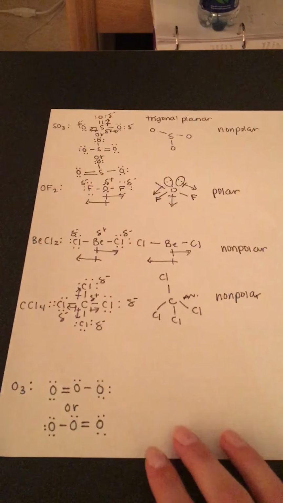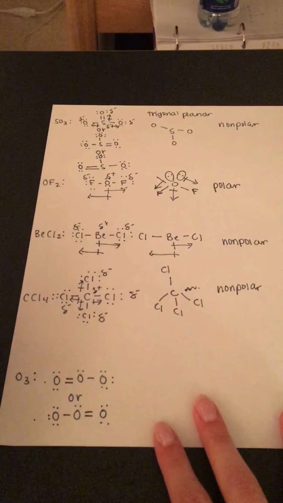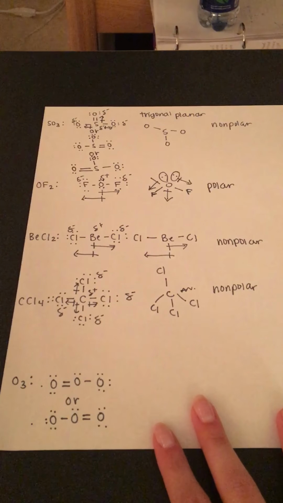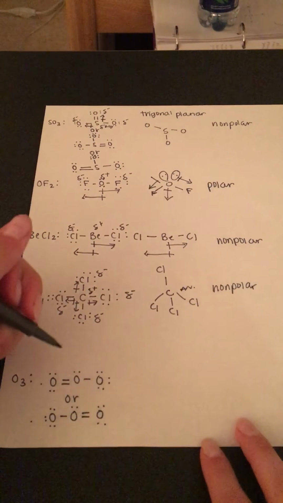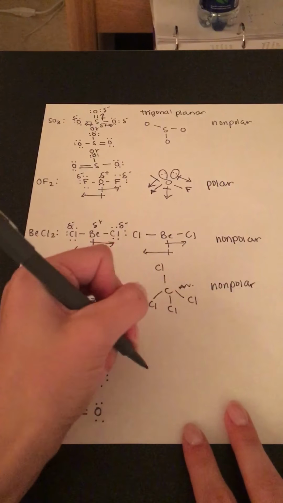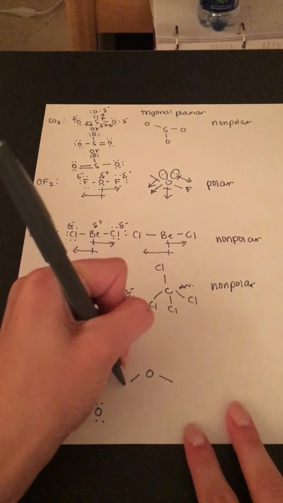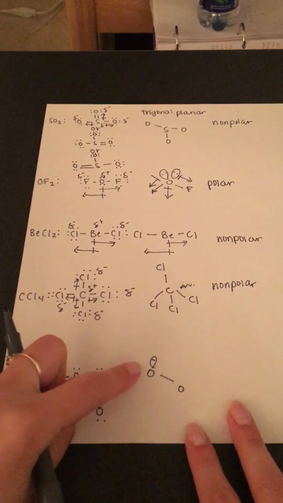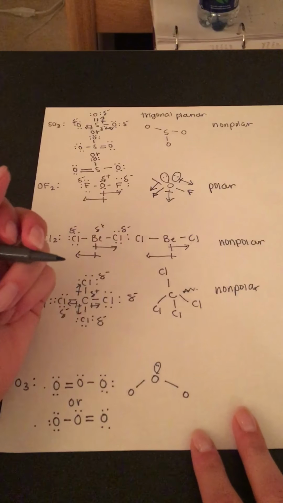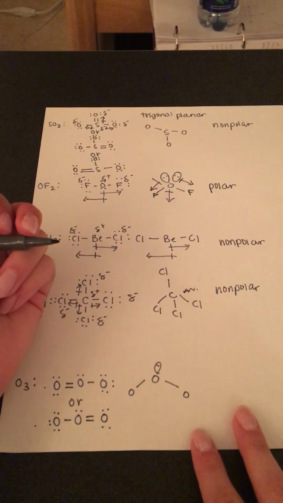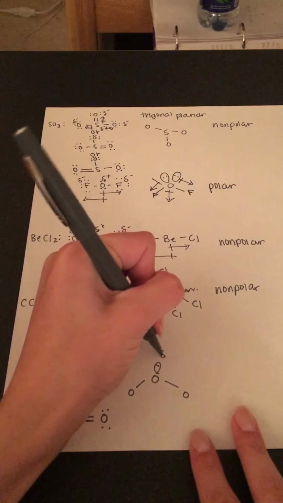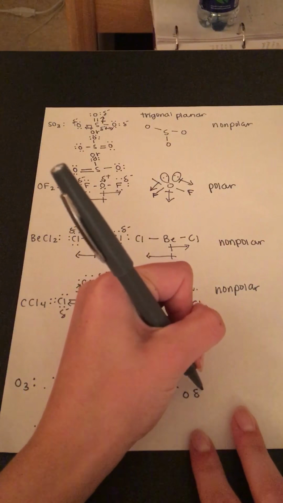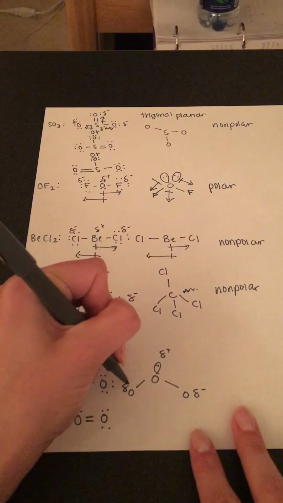Okay, and now for O3, these are two resonance structures for O3. The molecular geometry is bent because there's a pair of non-bonding electrons on the central atom, which means that the top atom is going to be less electronegative than the bottom atoms.